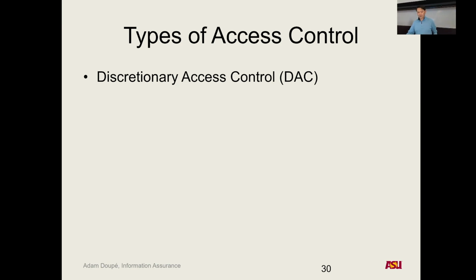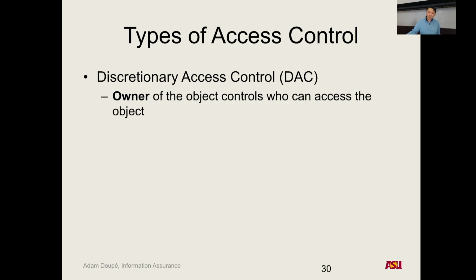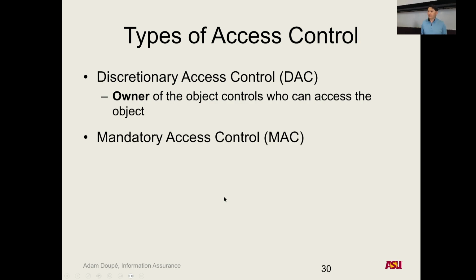What is DAC? Discretionary. The user, the owner, can determine the access control policy, who can access the object. The second one is MAC, mandatory access control. The system admin or some policymaker can control access to the object.